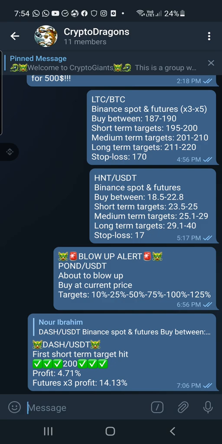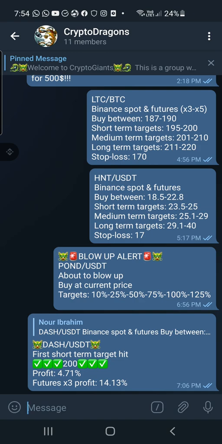I'm not going to go into details about that, but basically support lines are lines that are hard for a currency to drop under. It's not impossible, it's just a bit hard. But if it drops under, it can go into free fall until the next support line. So we set our stop loss at a support line.